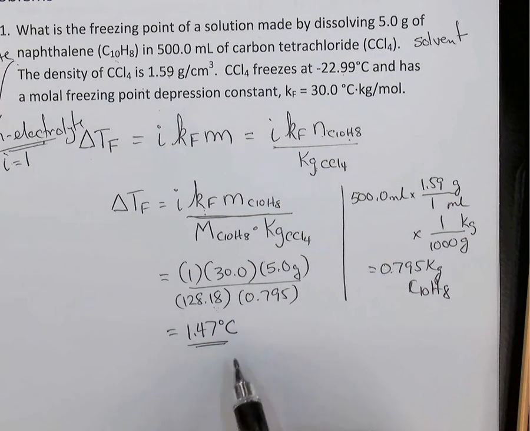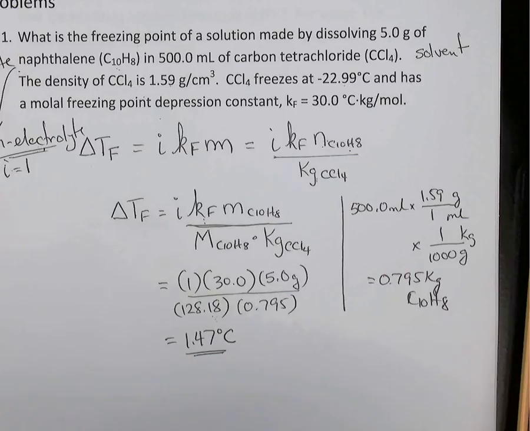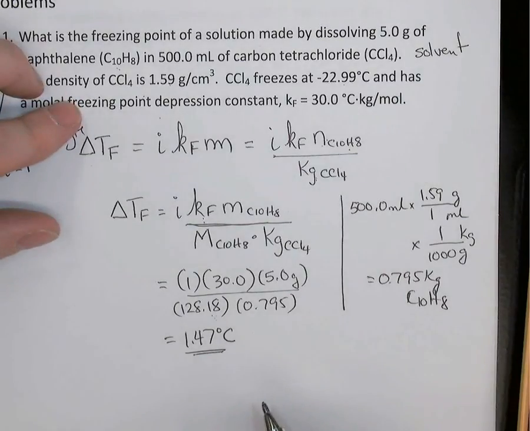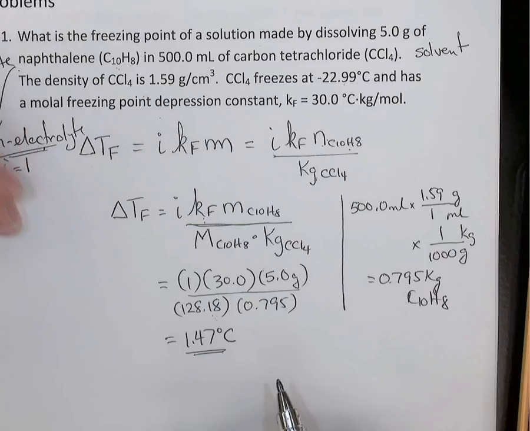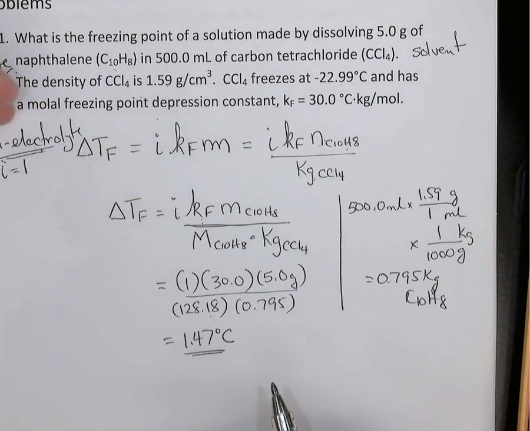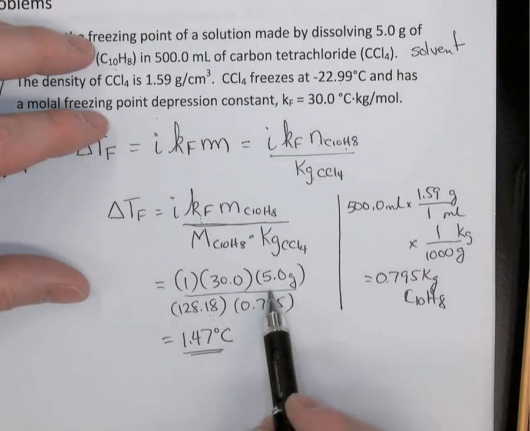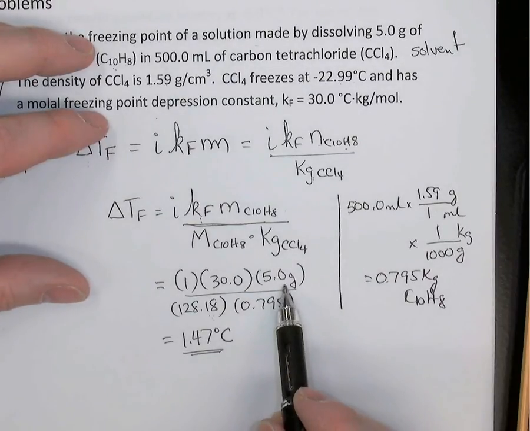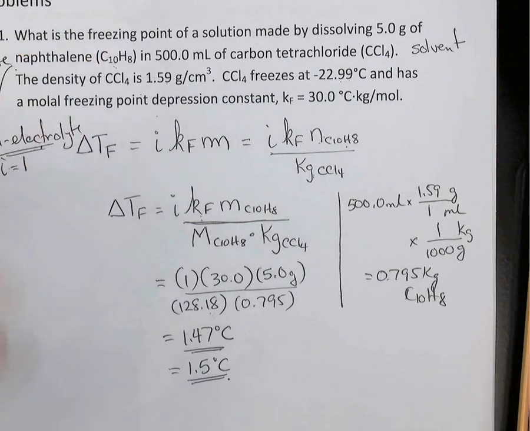Notice that because it's a change in freezing point, we actually could have used either Celsius or Kelvin. The change in freezing point would be the same in either unit. If the temperature went up by 5 degrees, it also went up by 5 Kelvin. Now I just realized my significant digits: I've got an extra digit because our mass had only 2 significant digits. This should really be 1.5 degrees Celsius.